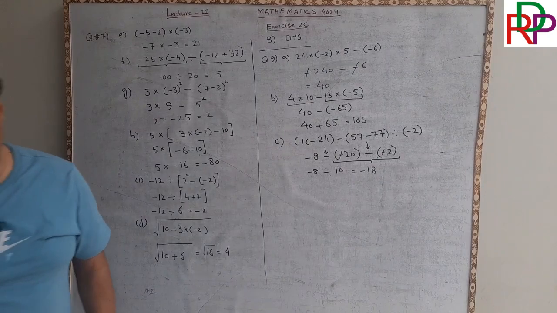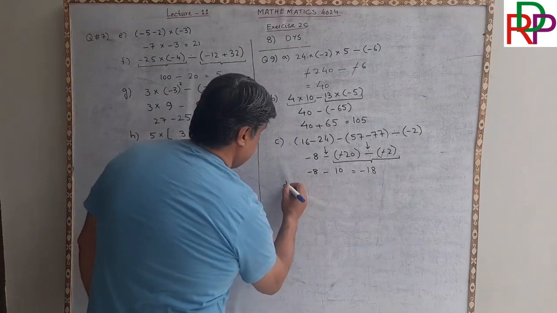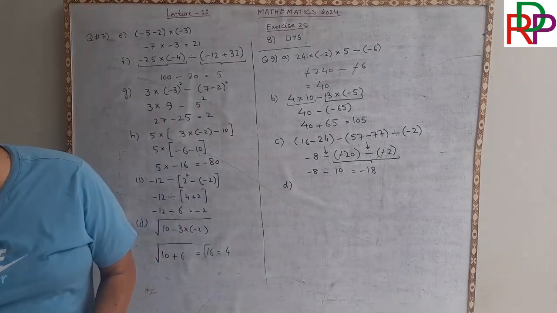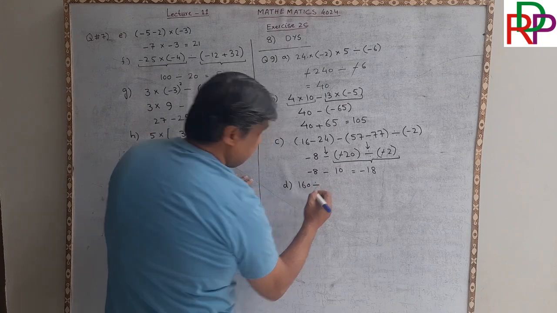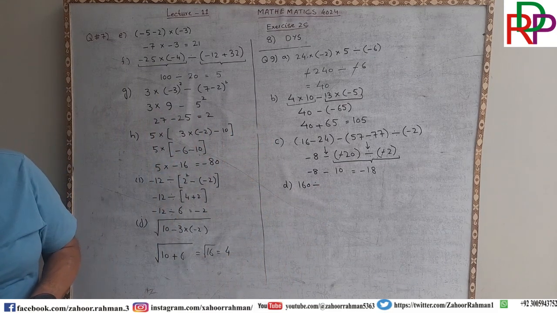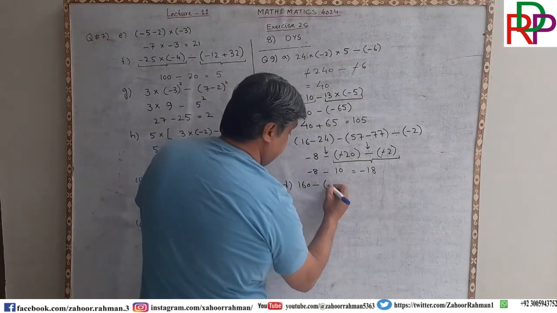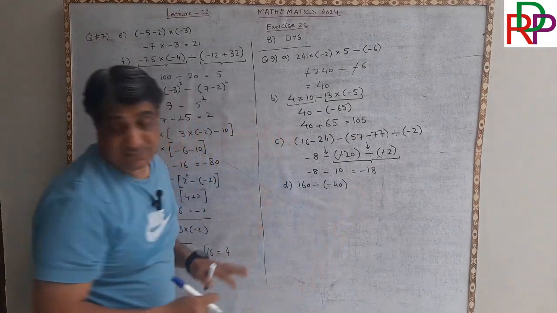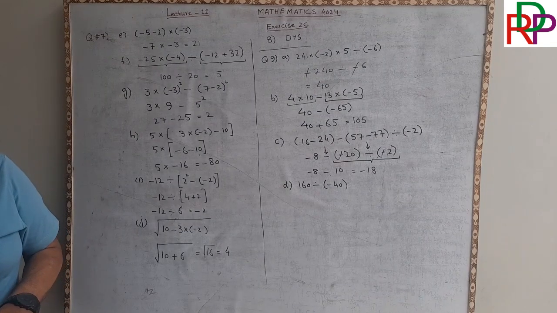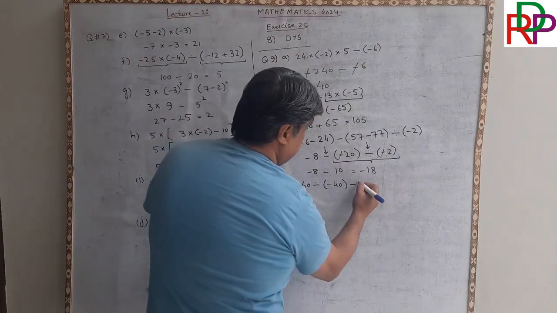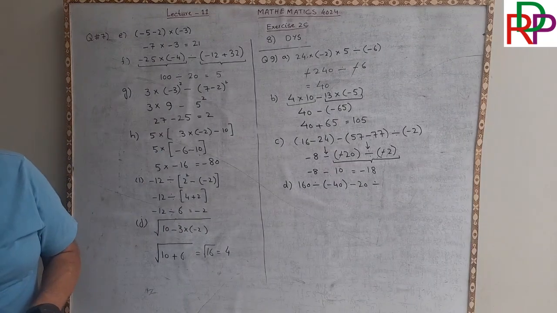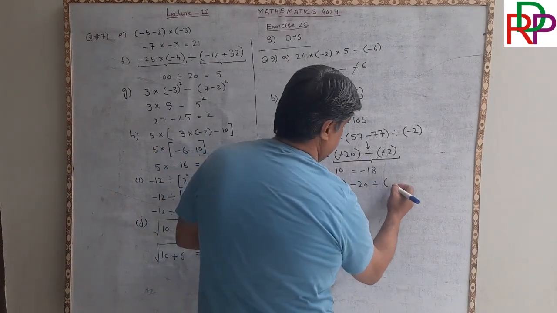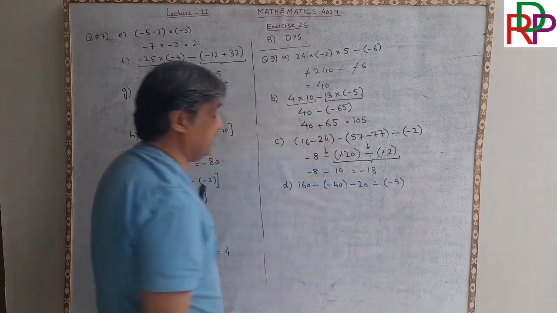And now we have part D. Part D is saying 160 divided by minus 40 and then minus 20 divided by minus 5.